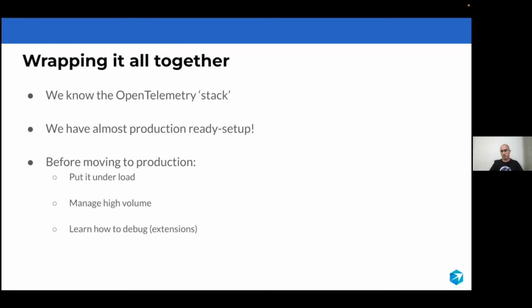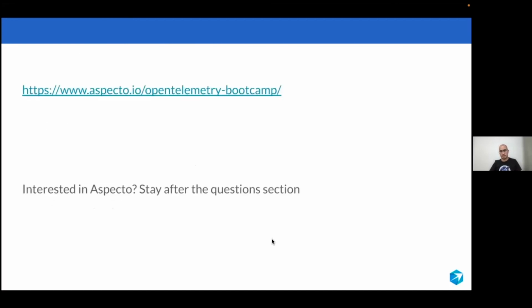A big portion of OpenTelemetry is how to have the right sampling. Most large organizations choose not to sample all the data, but to sample a percentage of the data, and this is something the collector can very much help with. So this is a decision you probably need to make. And I would suggest understanding how the extensions, the debugging and performance tools work, so if you have some issue in production, you'll have the tools to figure it out and understand.